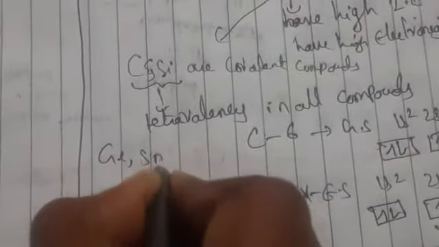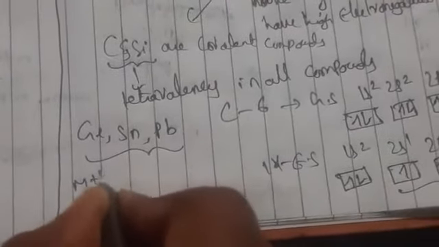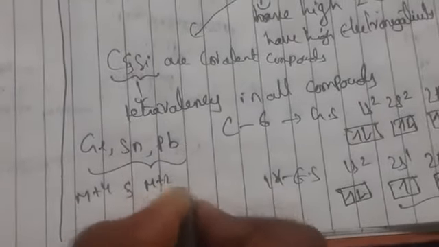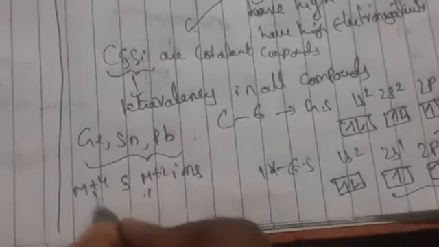So whenever the s orbitals do not take part in bonding, then we call it what? Inert pair effect. So by this what we can say here, germanium, tin, lead will show M plus 4 and M plus 2 ions. Compared to this one, M plus 2 ions will increase and M plus 4 will decrease. Why is it happening?